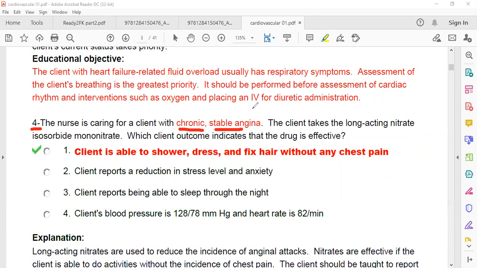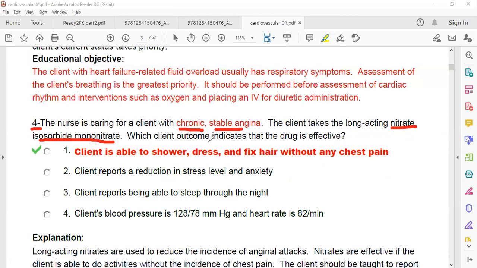So when they rest, they're okay, but they're not okay when they do something; we call it dyspnea during exertion. The client takes the long-acting nitroglycerin or isosorbide mononitrate. It is a vasodilator. So the patient already went to the doctor's office and the doctor gave them nitroglycerin.